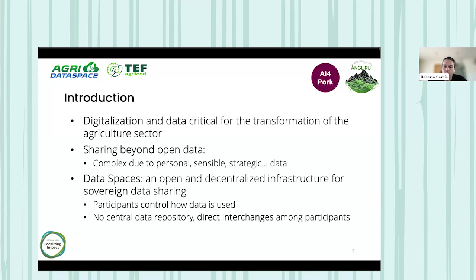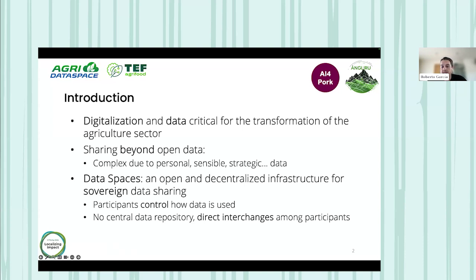But it becomes more complex when you want to share data beyond that, data you don't want to freely offer: data that has personal data inside, or sensitive or strategic data that you want to keep under control. That's the biggest preoccupation, but it's also where we perceive that there's more value in data sharing.